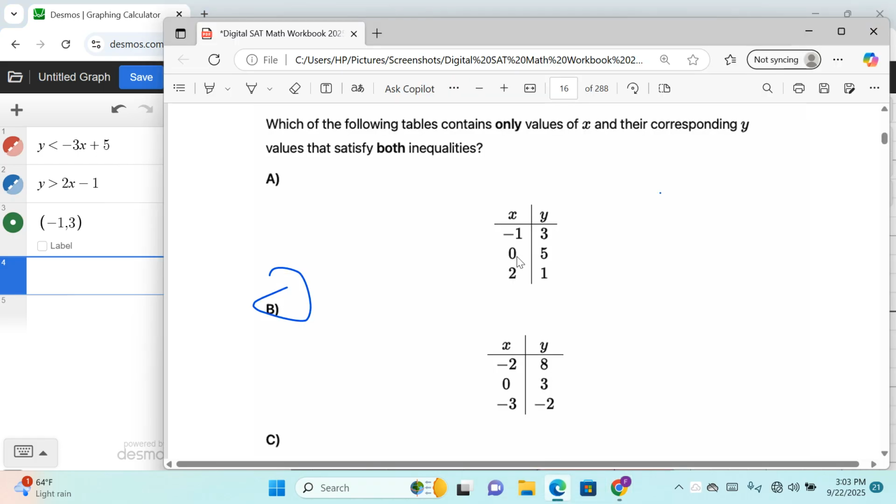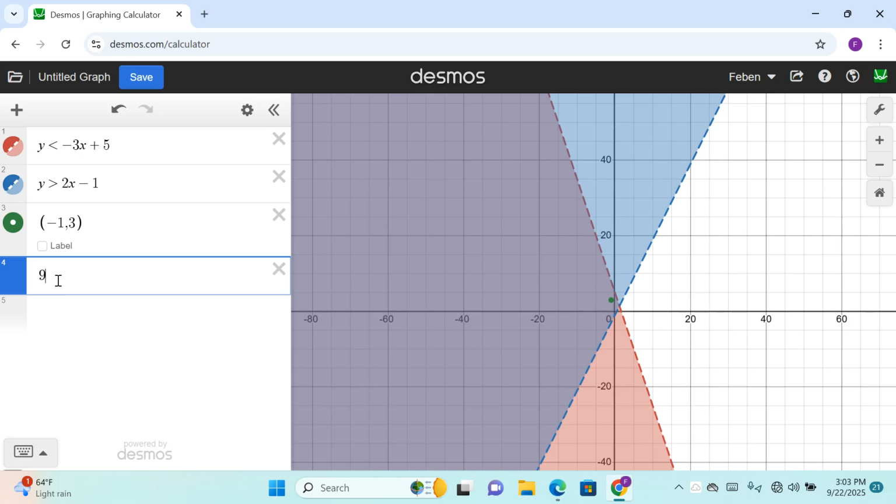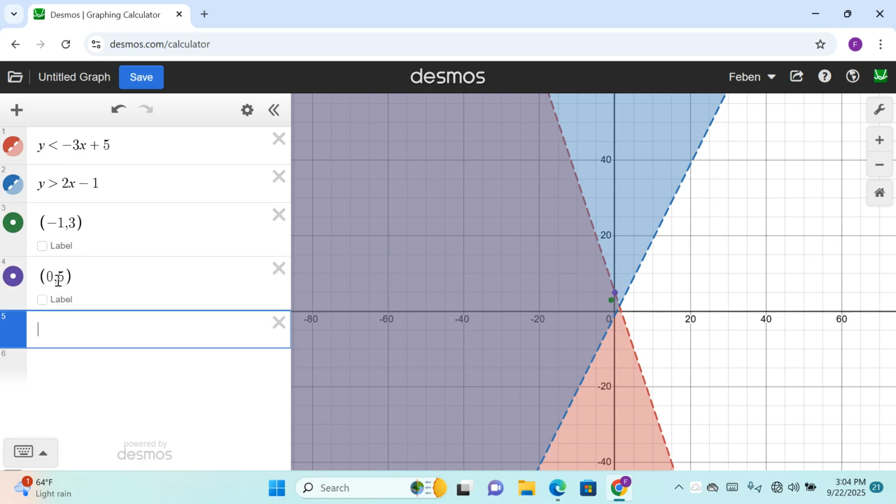The second one is 0 comma 5, and yes, it is also in our intersection.